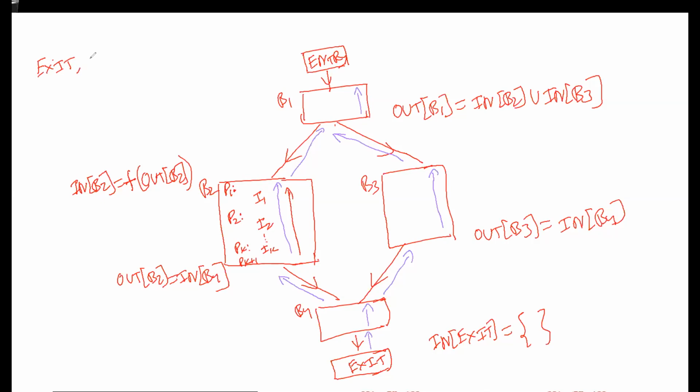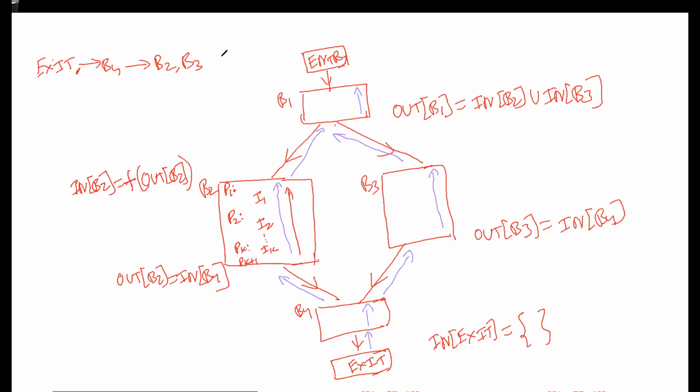So from there we go to B4. Once we compute the out and in sets of B4, then we can compute the live variable set for B2 and B3 in any order, it doesn't matter.